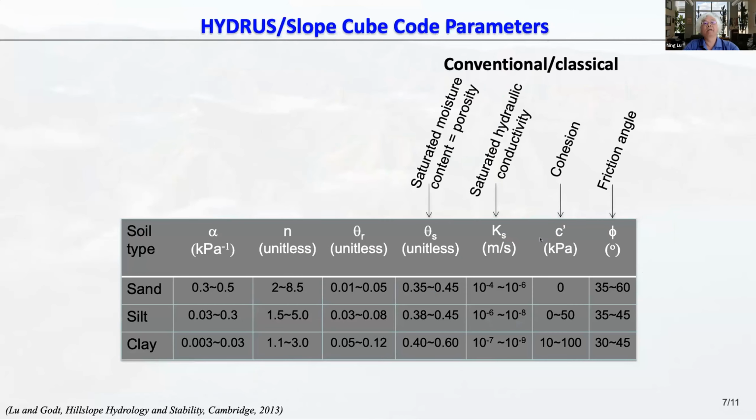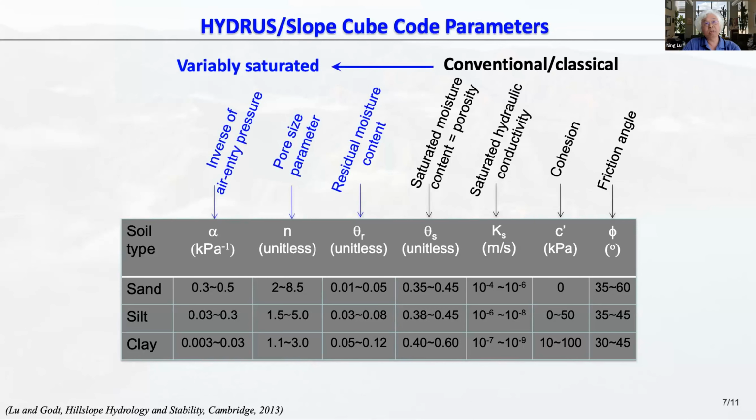So what are the parameters we really need for the model to run? Here are the classical ones that we usually would know. We need the hydraulic properties, hydraulic conductivity, and the soil porosity. We need the strength parameters, cohesion and friction angle.